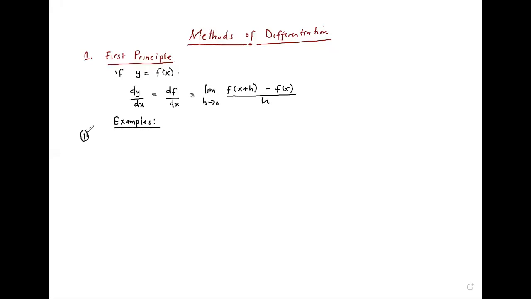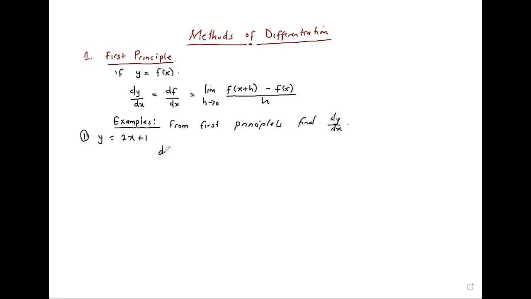So example 1, from first principles, find dy dx. 1, y is equal to 2x plus 1.